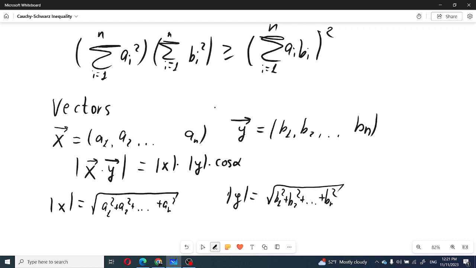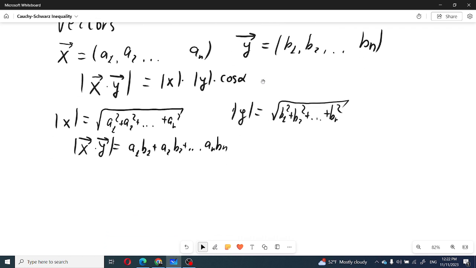And how can we compute this scalar product x times y? This equals a1 times b1 plus a2 times b2 all the way up to an times bn. So what will we get after equating both sides?